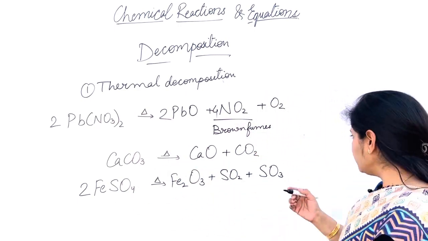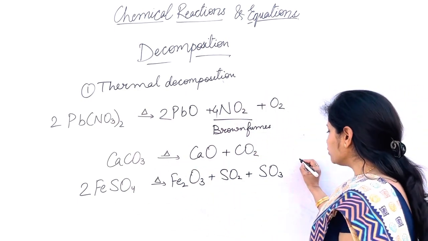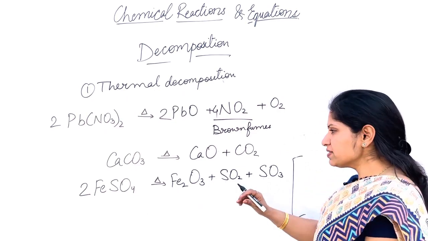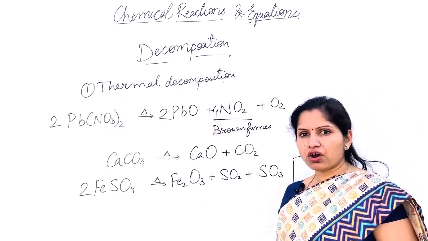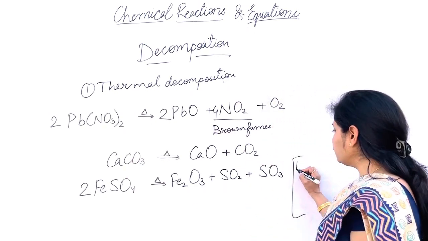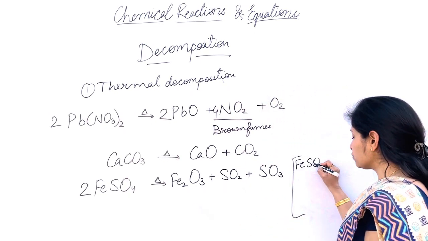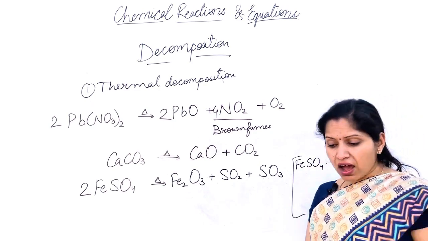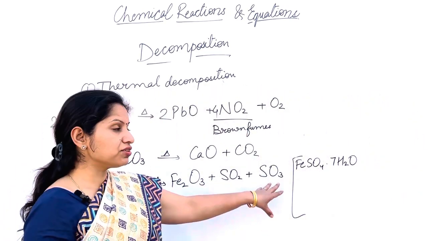Whenever you take ferrous sulfate, in the previous videos we have seen about water of crystallization. So this ferrous sulfate also has some water of crystallization. It exists in the form of FeSO4.7H2O. 7 water molecules are there in ferrous sulfate crystals.